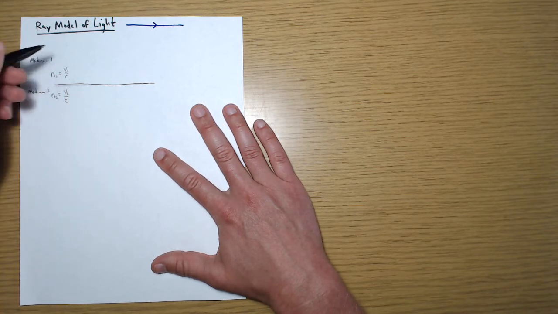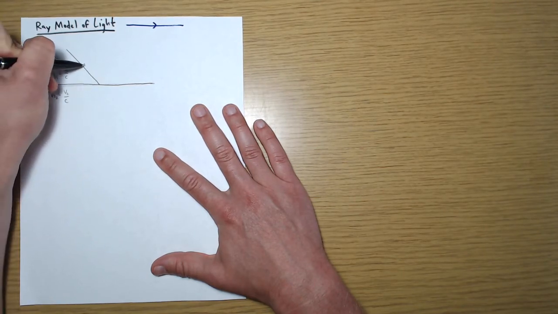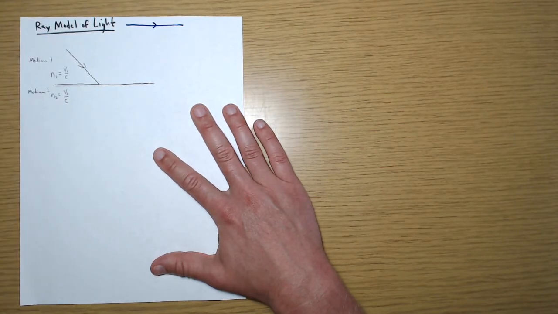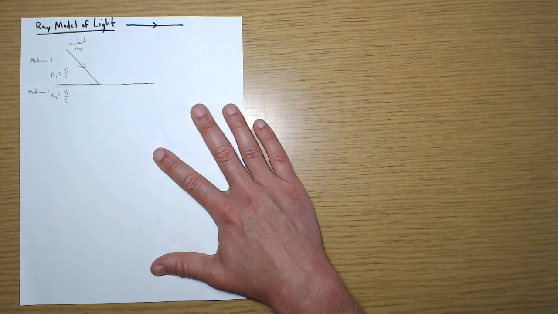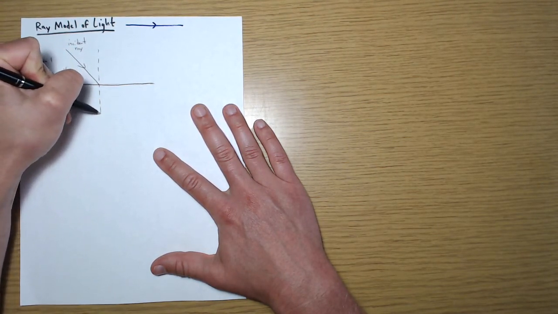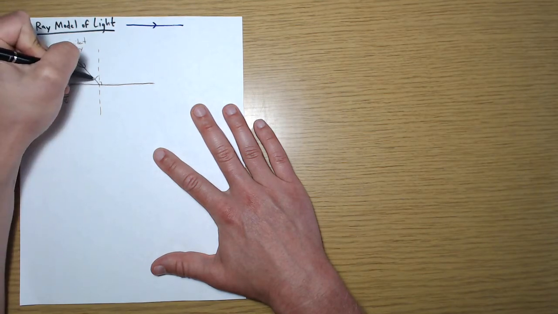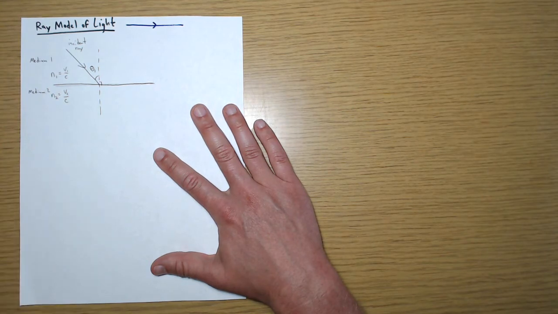Now let's say I have a ray of light which is incident on the surface or the boundary between the two media. This is my incident ray. This incident ray comes in at an angle. I'm going to draw the normal line, and the angle I'll call theta 1. When this ray encounters this boundary, one of two things could happen.